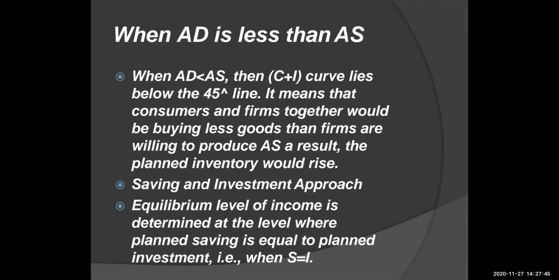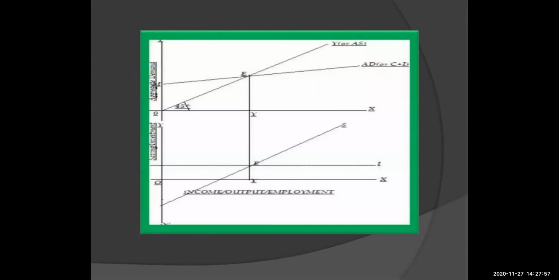So the equilibrium level of income is determined at the level where our planned saving is equal to investment, which means S is equal to I. We can also call this the saving-investment approach, wherein our I is parallel to the x-axis in this curve. So our investment is fixed at every level of employment, which is a straight horizontal line parallel to the x-axis.